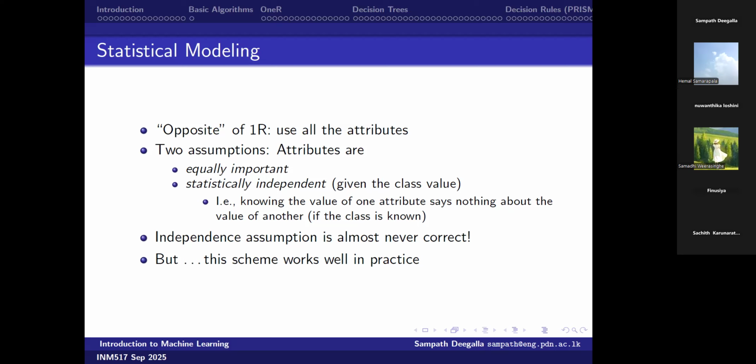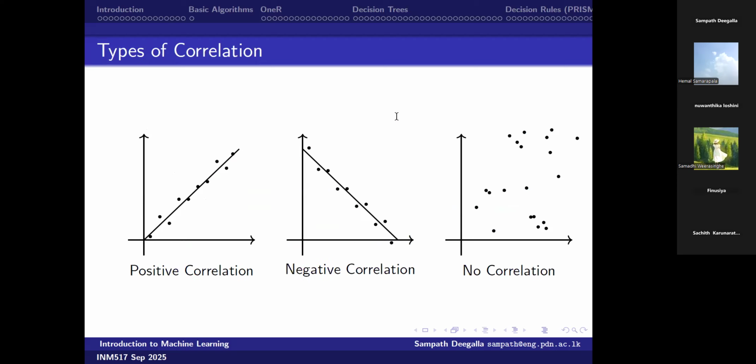There are issues with this assumption, but if you implement this practically, you might have observed that this simple probability-based classifier works really well, and that's what we are trying to understand. I have put the correlation diagrams here just to show dependence between multiple attributes.